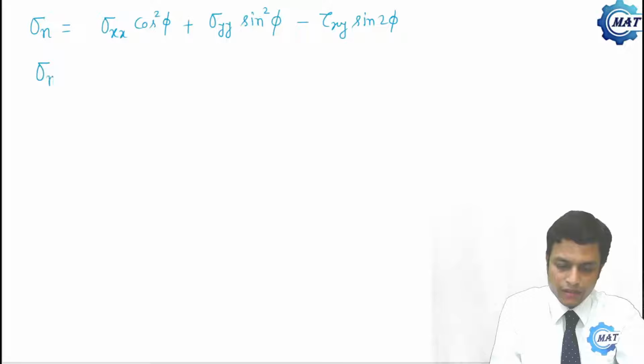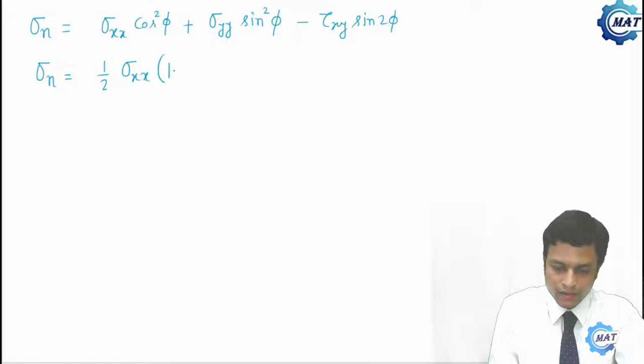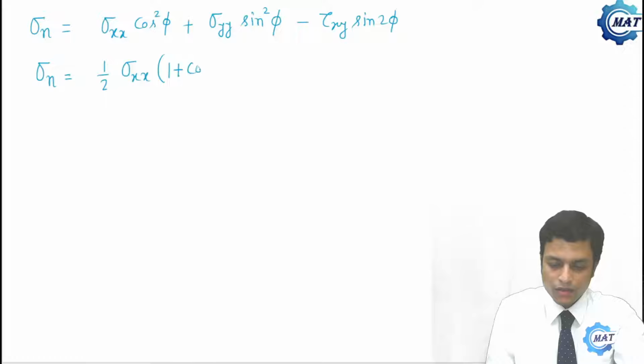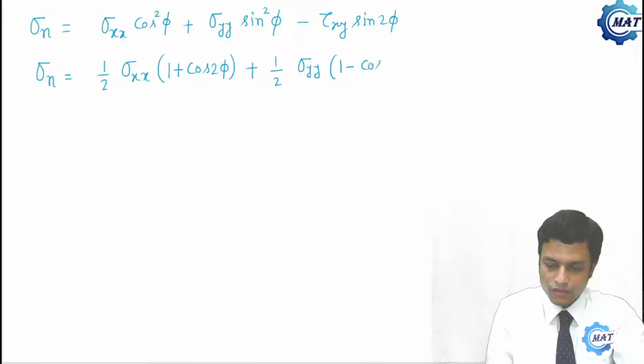Now rearrange the equation, that is half sigma xx times 1 plus cos 2 phi, since 2 cos square phi is 1 plus cos 2 phi, plus half sigma yy times 1 minus cos 2 phi, minus tau xy sin 2 phi.